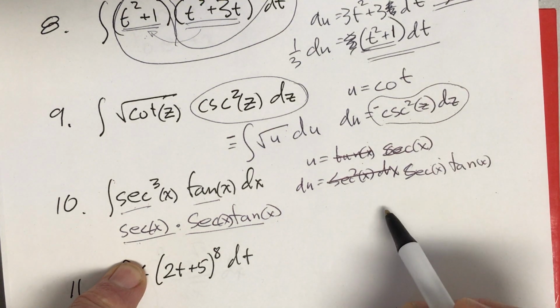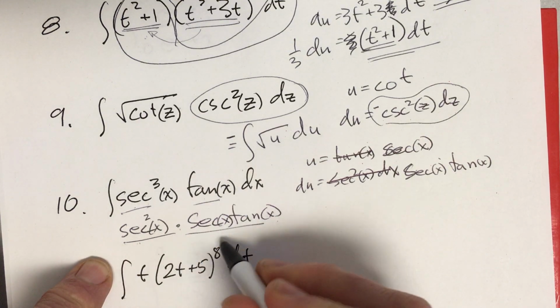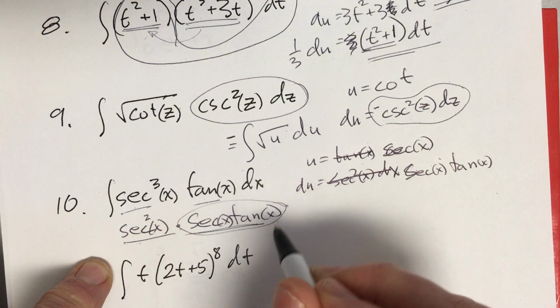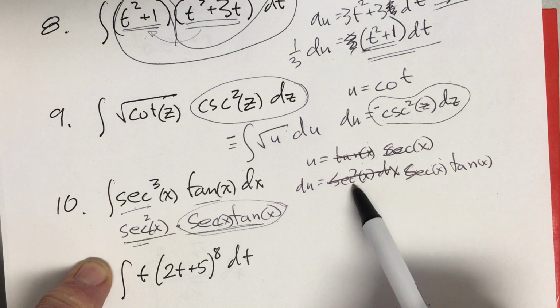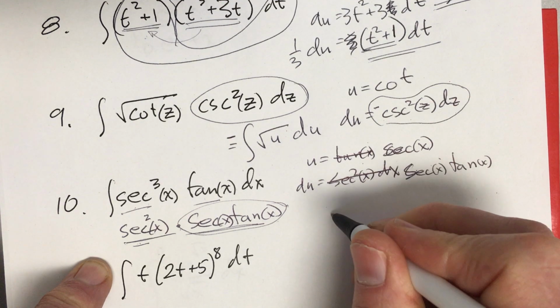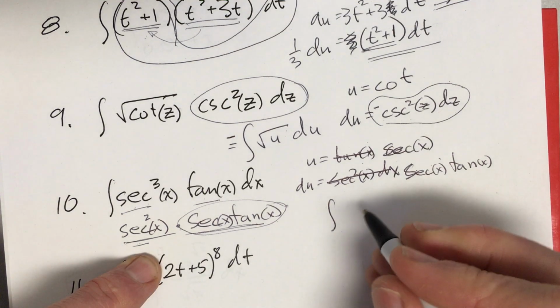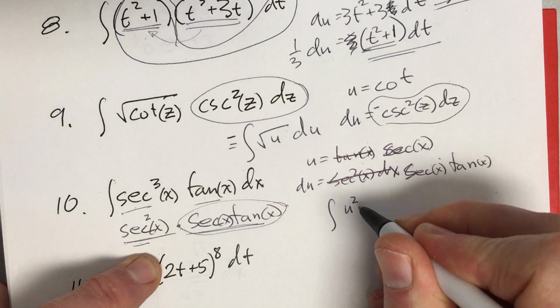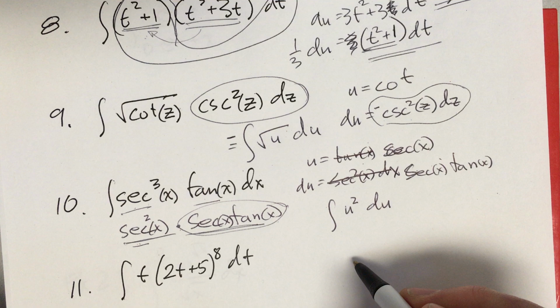And that does help me because now I've got secant squared times secant tangent, and I found this is the derivative part, and that's the original part. So you can see I jumped off to the wrong start, but then caught myself because the substitution didn't work, so I tried going in another direction. So this then becomes my u squared, then du. It's as simple as that.